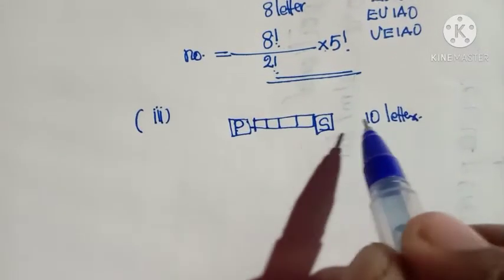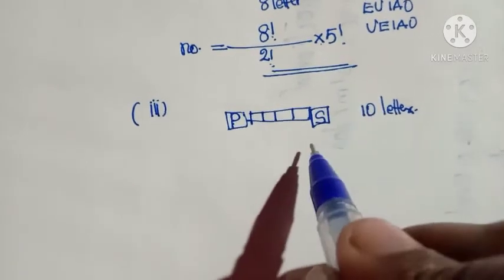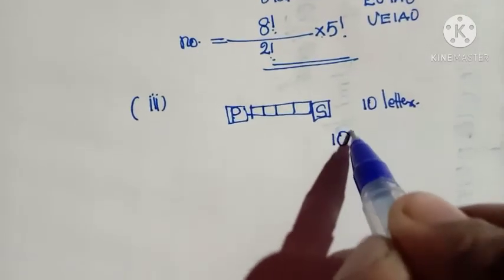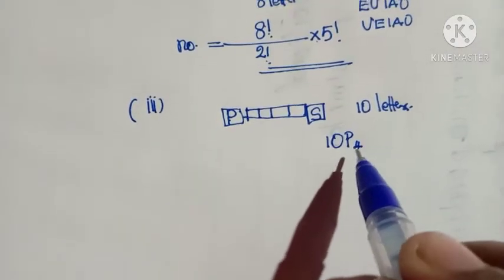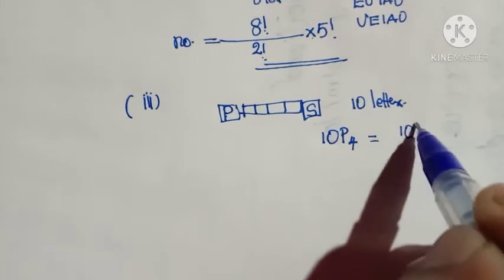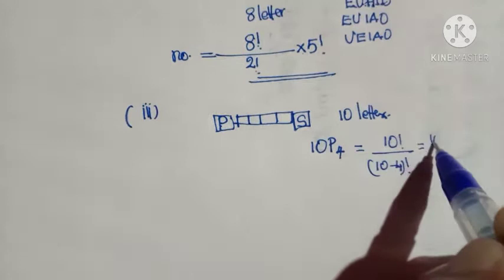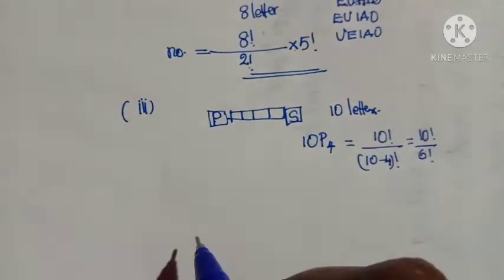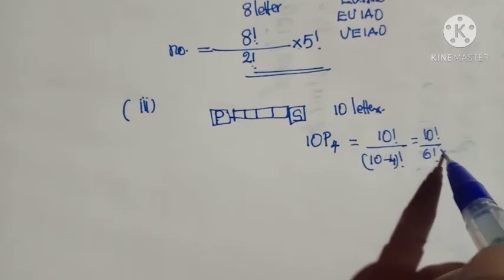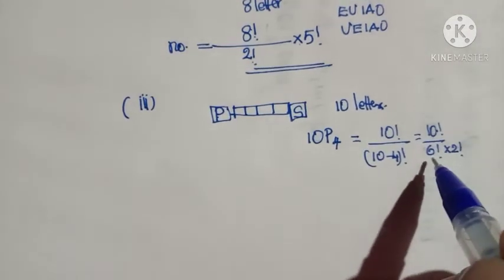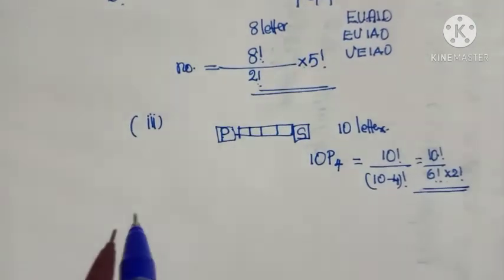So we need to arrange 4 letters using these 10 letters, which is 10P4. Is that clear? Now what is 10P4? 10 factorial by 10 minus 4 factorial, that is 10 factorial by 6 factorial. And in these 10 letters, T appears twice, so 10 factorial by 6 factorial into 2 factorial gives the answer.